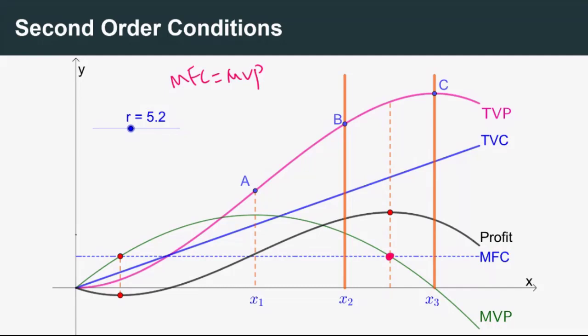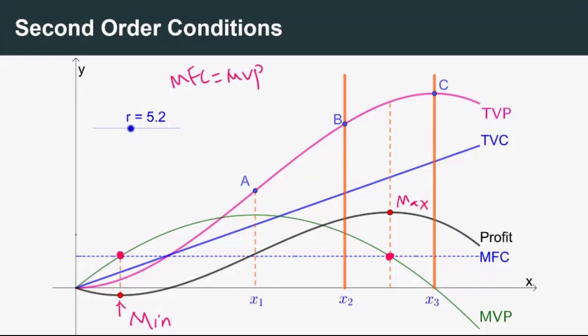If you pay attention to the first stage, you will notice there's another point here which also satisfies the condition that MFC equals MVP. But because we plotted the profit curve here, we are able to tell that this is a minimum profit point, and this is a maximum profit point.